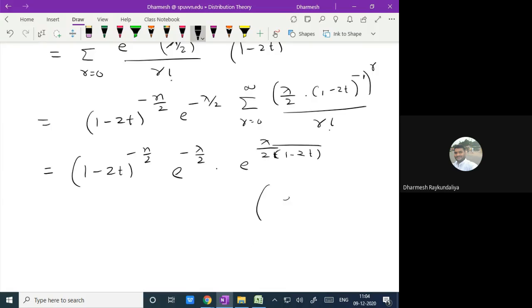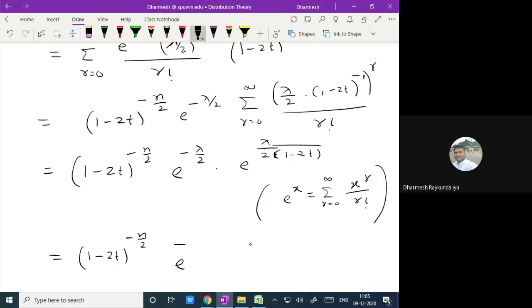So we know that e raised to x is nothing but summation r equal to 0 to infinity x raised to r upon r factorial. So I have just used that, and instead of x, the quantity I have is lambda upon 2 into (1 - 2t). So this is nothing but (1 - 2t) raised to minus n by 2.